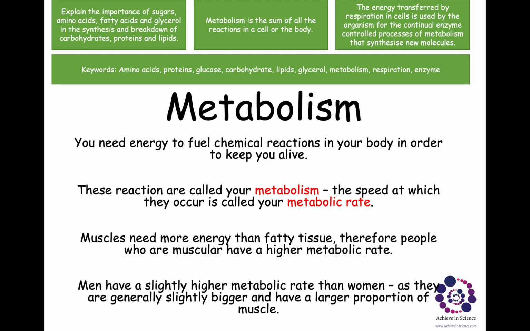People who are building muscles, exercising, bodybuilding, will have a higher metabolic rate because they need more energy. So more chemical reactions are taking place, and the food is quickly being broken down. All these reactions are releasing energy, which basically makes them more muscular, and as a result, they have a higher metabolic rate.